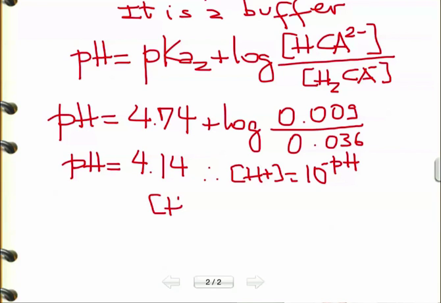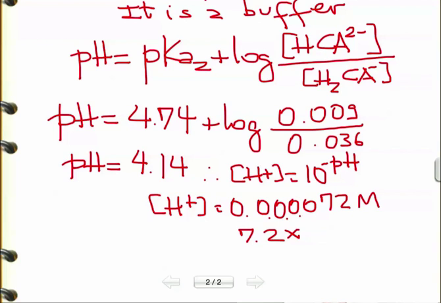Concentration of protons equals 0.000072 molar. Let's put that in scientific notation: 7.2 times 10 to the power of negative 5 molar. That's the concentration of protons.